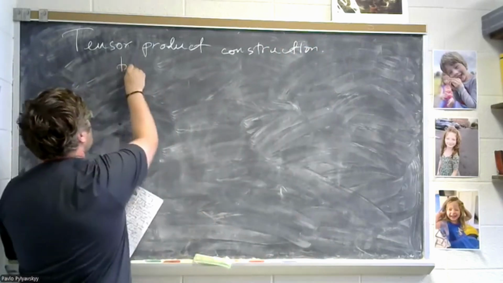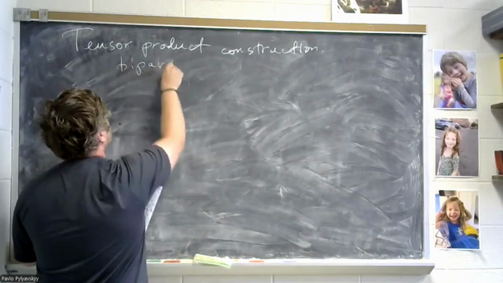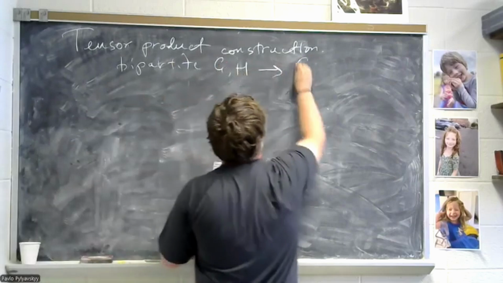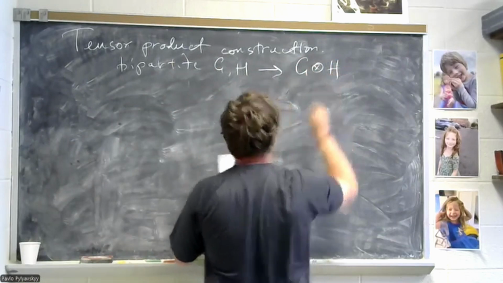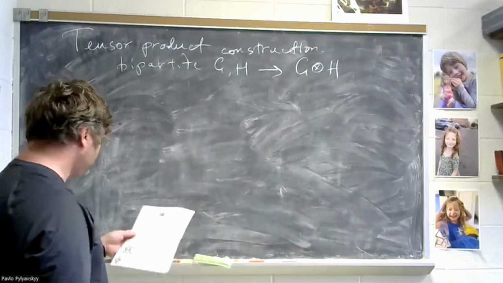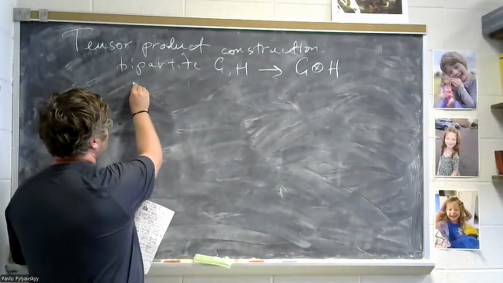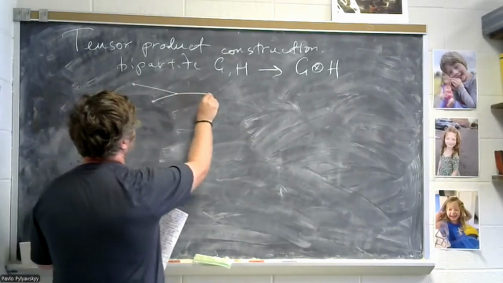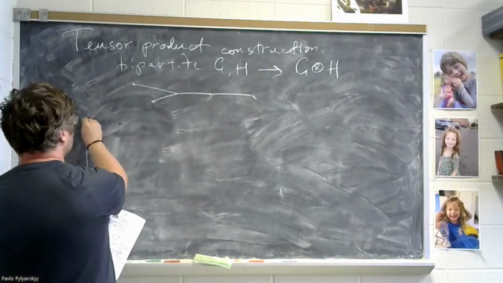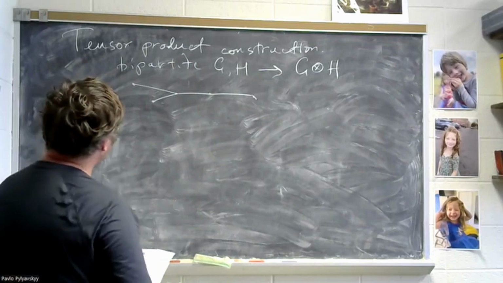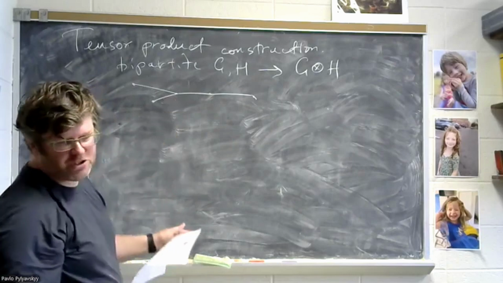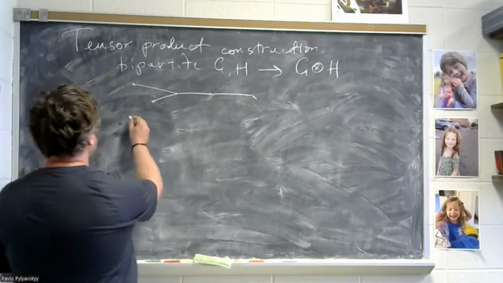If you start with two bipartite graphs, G and H, you can create the graph G tensor H. This is something graph-theoretic. I'll draw a picture for you, hopefully it will be clear. Here's my H. Here's my G. For each pair of vertices, one from G and one from H, I create a vertex in G times H. So I will try to draw it like this.